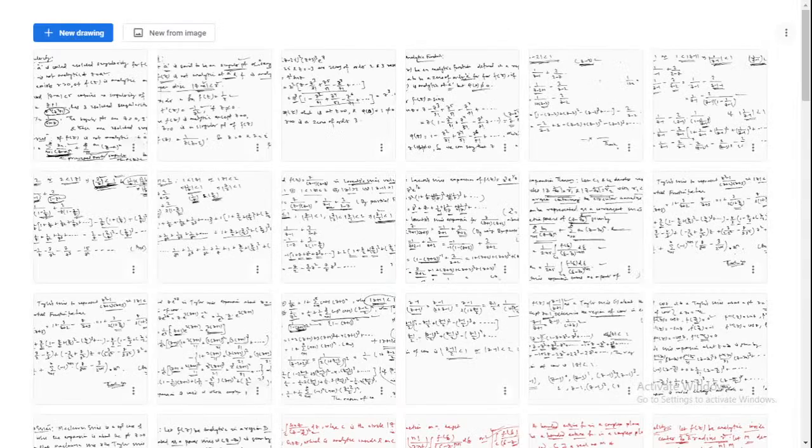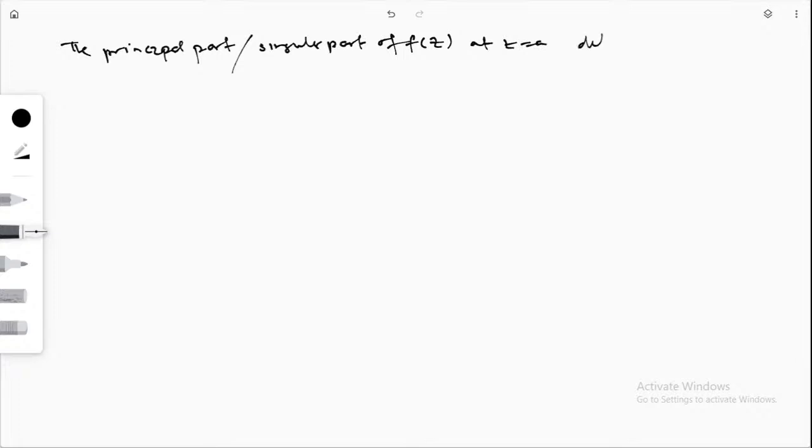So now, go to the next page. The principal part or singular part of f of z at z equal to a determines the character of the singularity.